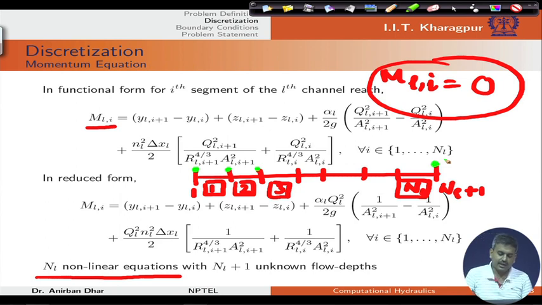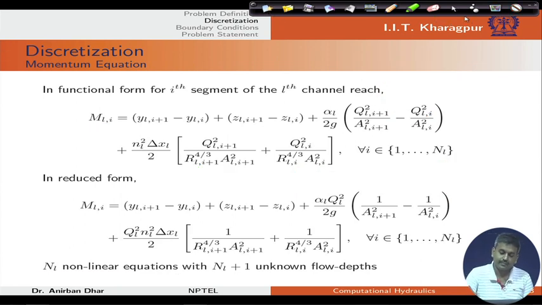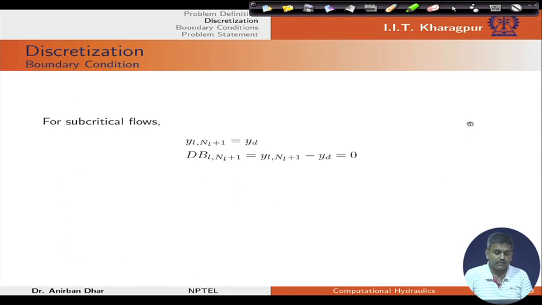Now, we need one extra equation to solve this particular problem. One condition that we can utilize for subcritical flow is that at the downstream end we have a specified depth.